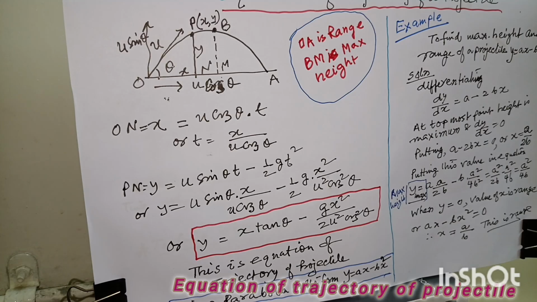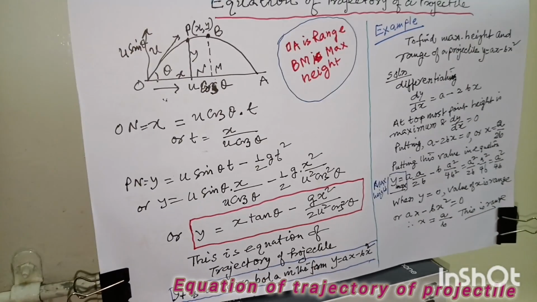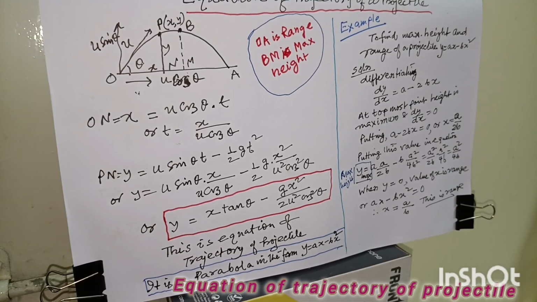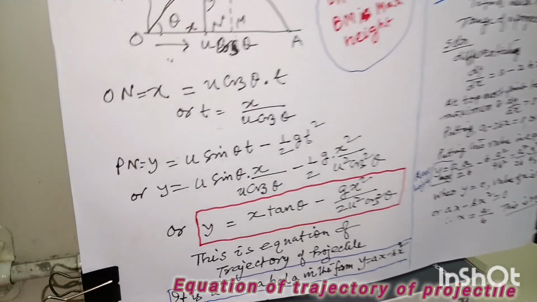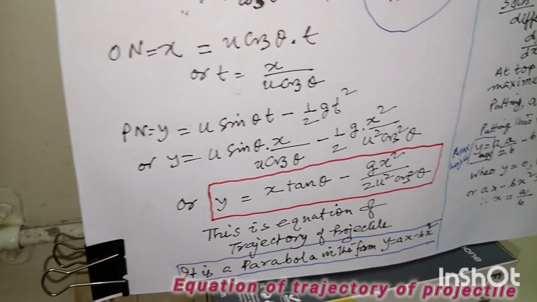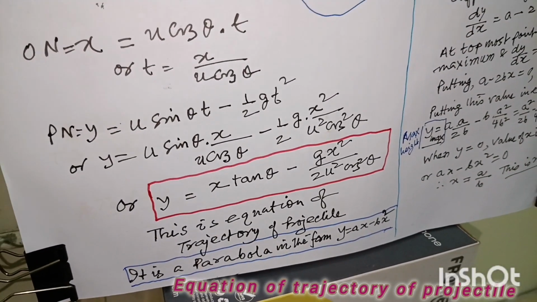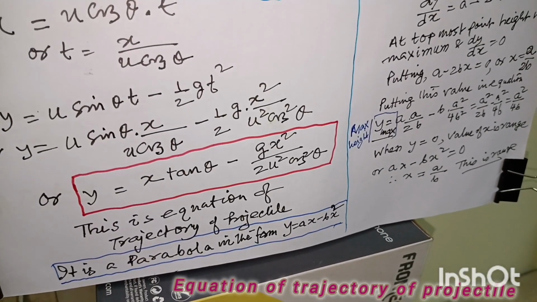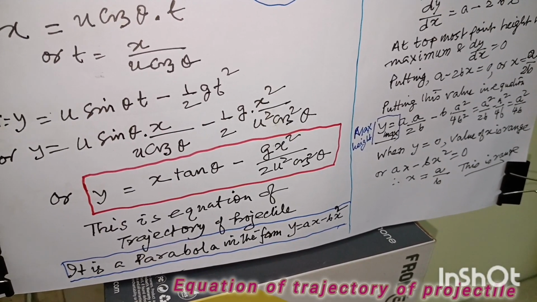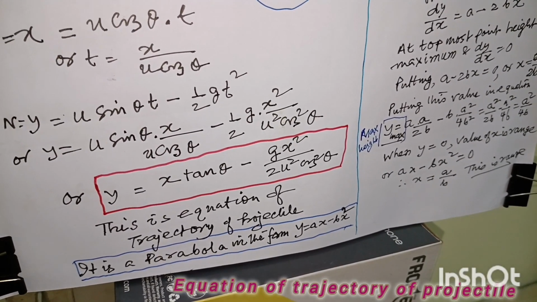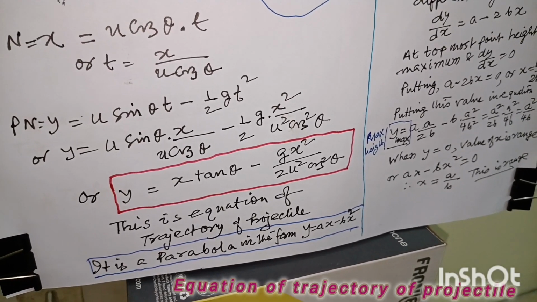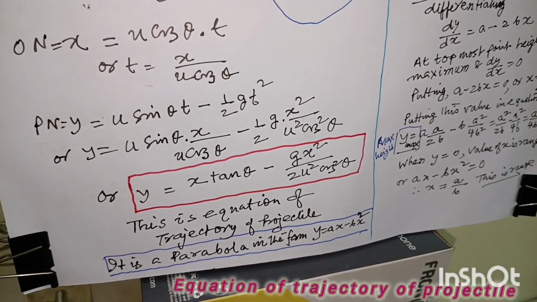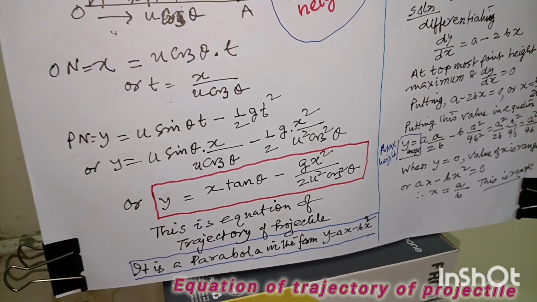So this is the equation of trajectory and it is a parabola. Its form is y equal to ax minus bx square, because the coefficient of x is tan theta, which is constant, we can take it as a, and the coefficient of x square is also a constant, we can take it as b. So any equation in the form y equal to ax minus bx square is a parabola.